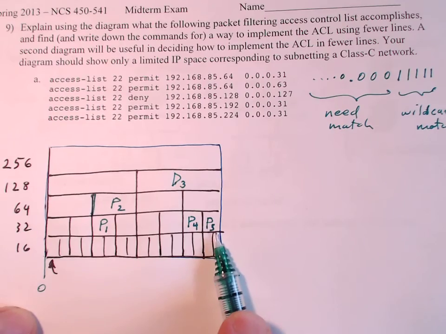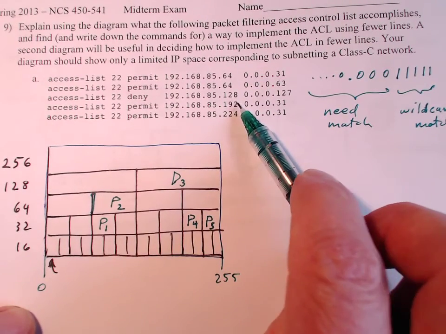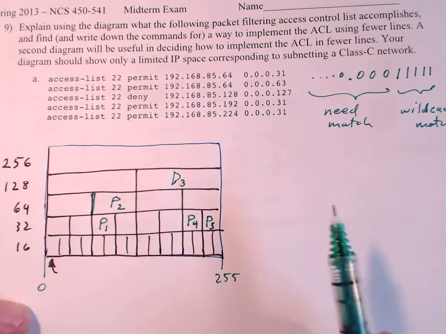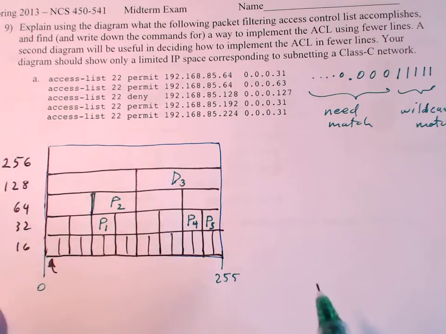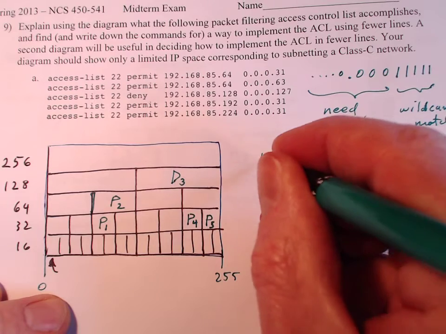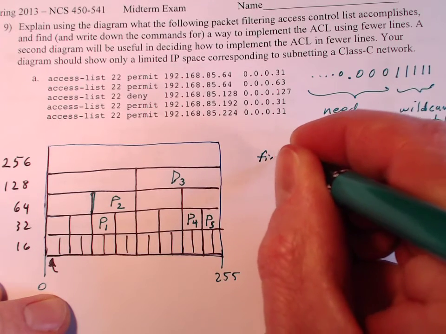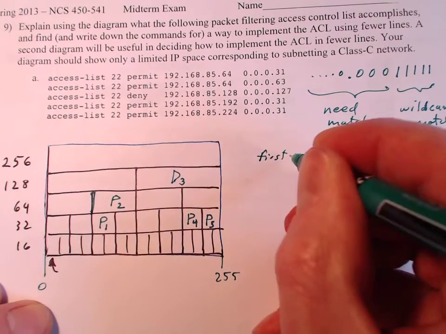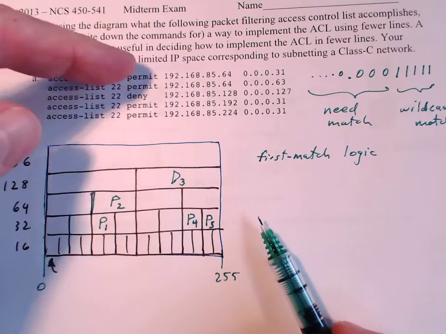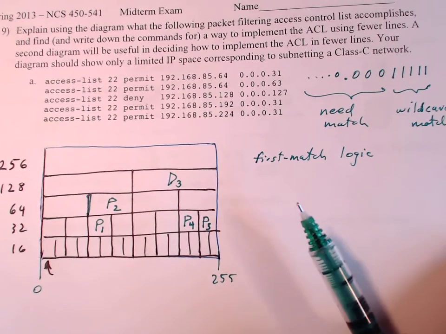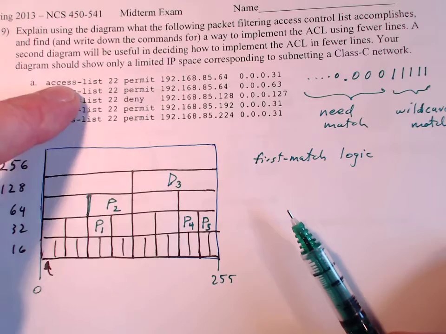Hopefully this number here is consistent with that one, so that it starts on one of these boundaries, or else it won't make any sense. Now, these ACLs have what's called first match logic. What that means is, we have an IP address coming through the router or the firewall, and that IP address is being compared to the list of addresses in the access control list.